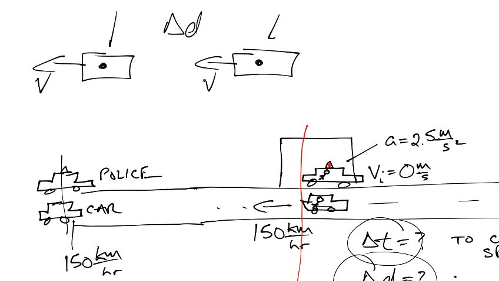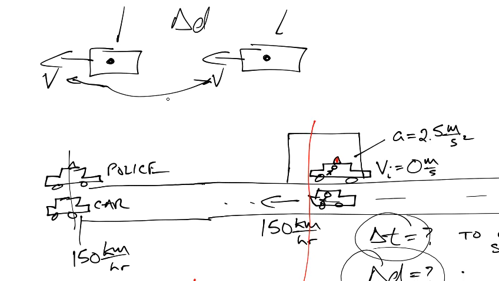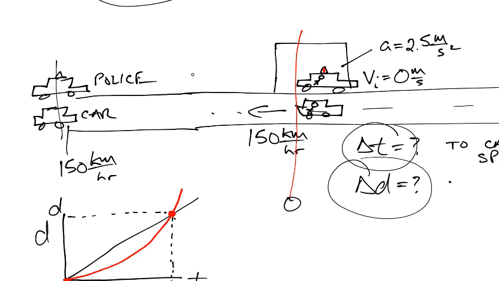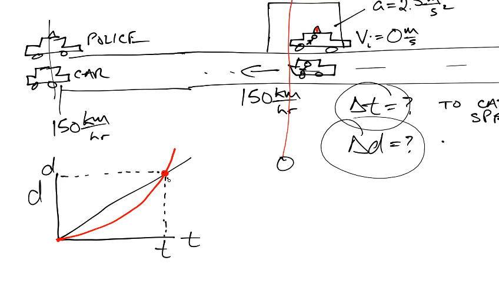The distance between them will always remain the same if their velocities are the same. So that means the police car is definitely going to have to go faster than the car in order to catch him. So the condition for this to be true is actually right on the graph. It means that their positions have to be the same.